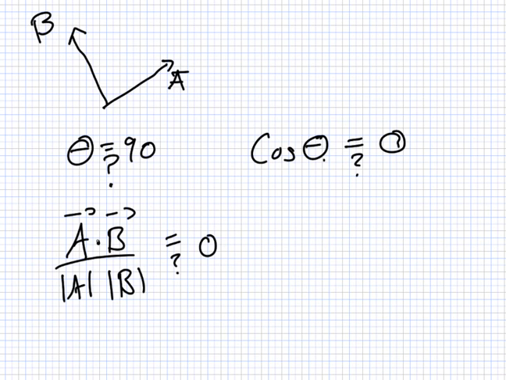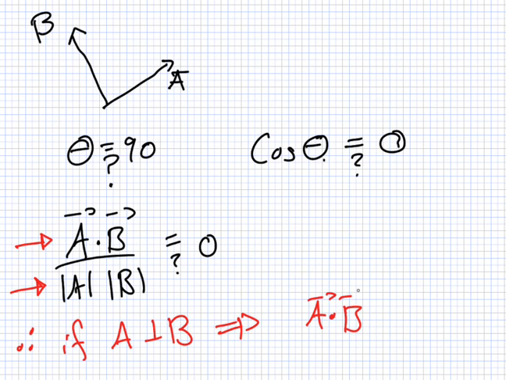So there's only one part I need to check here. Do I care about the bottom? No, because this will be 0 if the top is 0, and it won't be 0 if the top is not 0. Therefore, you end up with this result. If A is perpendicular to B, then A dot B equals 0.